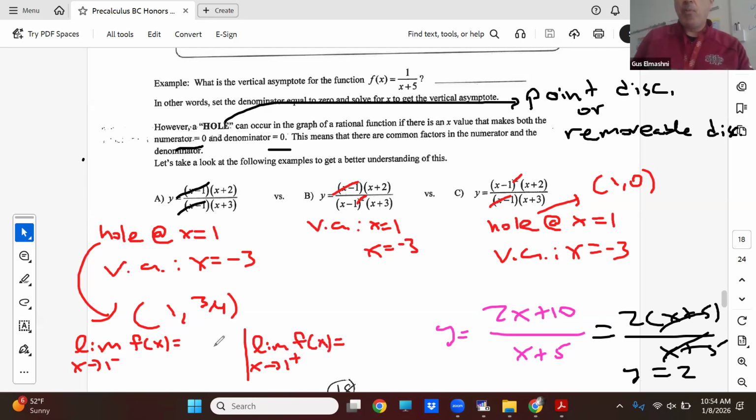As x approaches 1 from the left and 1 from the right, what will be the limits for both those cases?